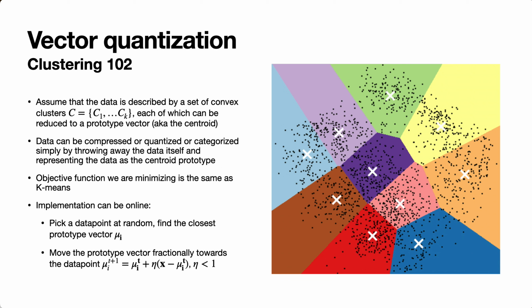Instead of keeping all of this, however many dimensions it is, like what if this thing is R100? That's a lot of data. Well, instead, wouldn't it be nicer if we just said, oh, there are 10 means? And instead of having a 100-long vector, we can just keep a number between 1 and 10 and replace the big vector with lots of data with just a number between 1 and 10.